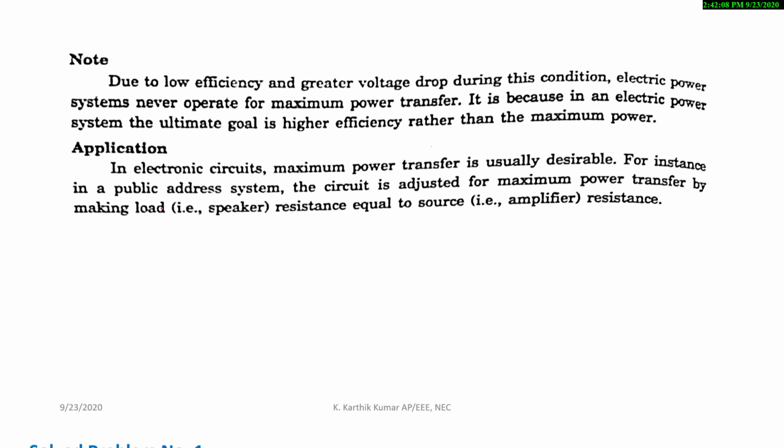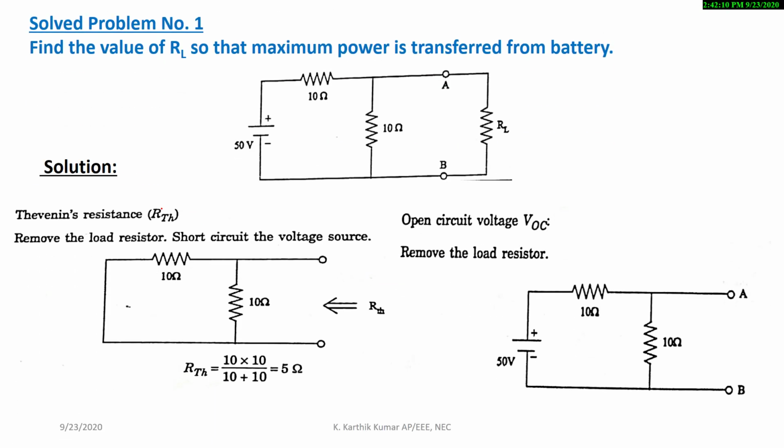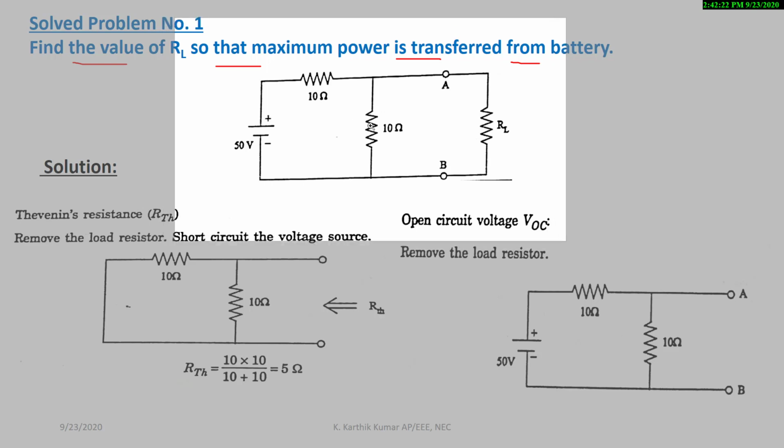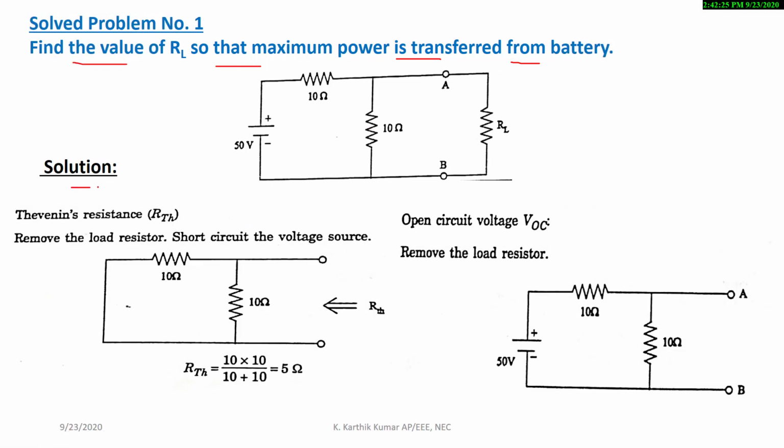This is the application. Next we will directly solve a problem: find the value of RL so that maximum power is transferred from the battery. This is the circuit, and we are going to see the solution.